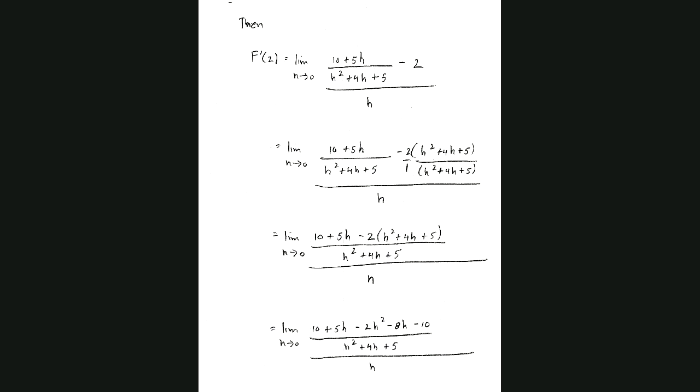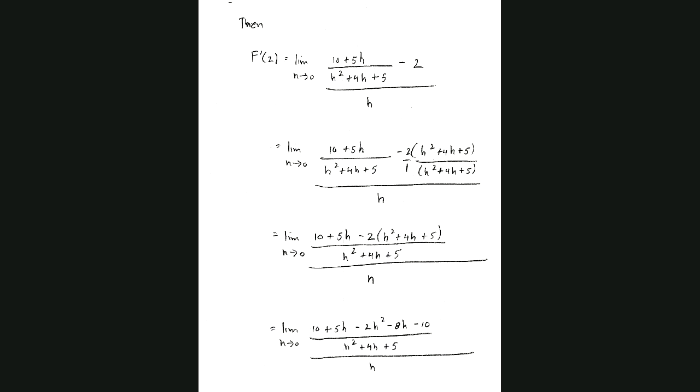The particle is at one point at a certain time, and then it moves to another point at a certain time. So the average velocity would be the displacement, the difference of the positions, divided by the difference of the times.